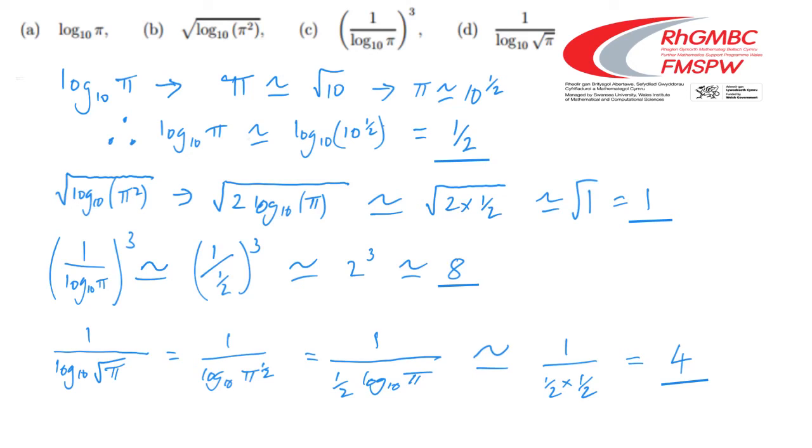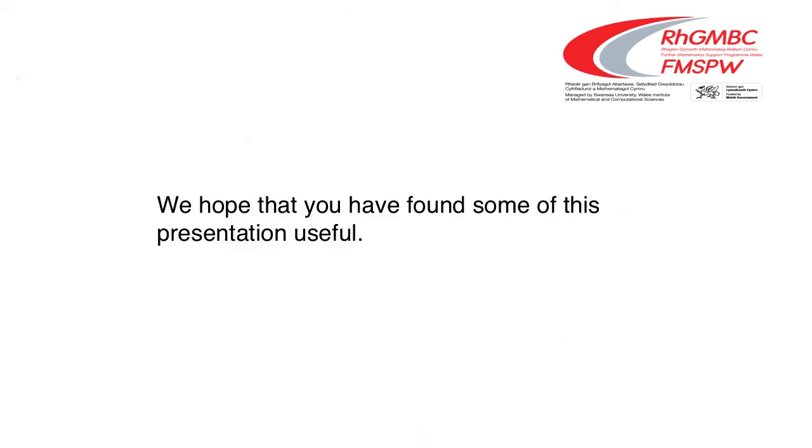And now, considering all of these results, we can see that the smallest value, which is the one we were required to choose, is in fact the first value, log base 10 of pi.